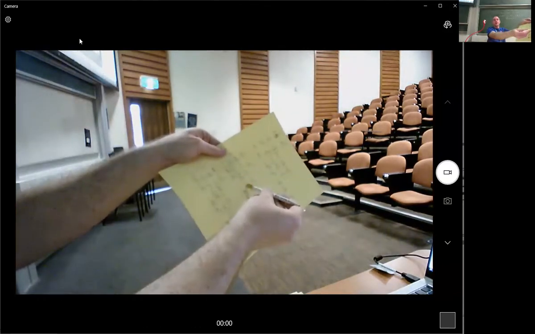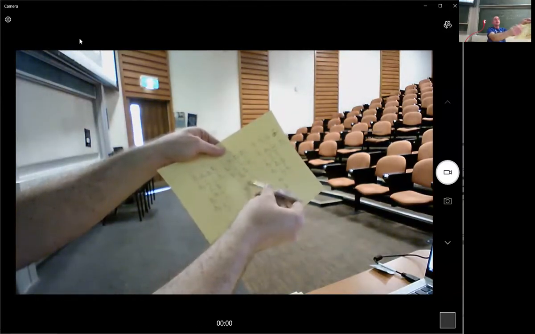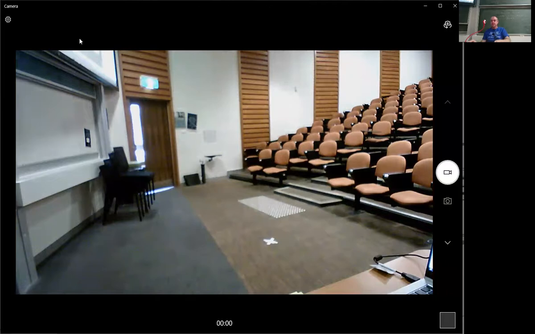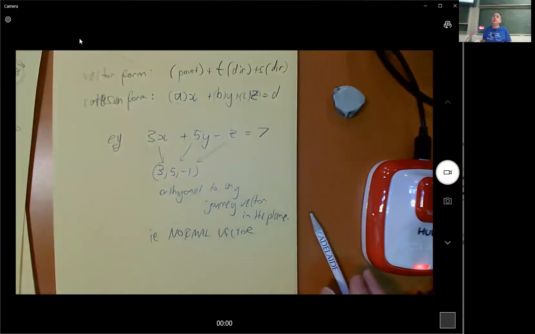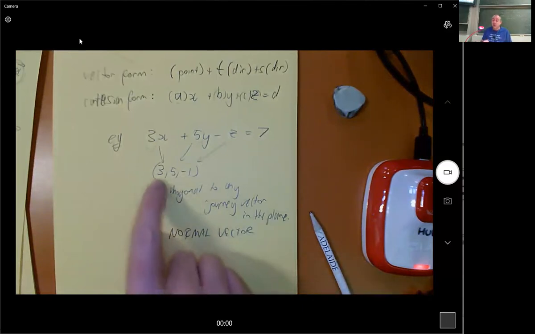That, as opposed to that. And that's a normal vector. And there are lots of normal vectors, but it turns out they are all multiples of this vector.